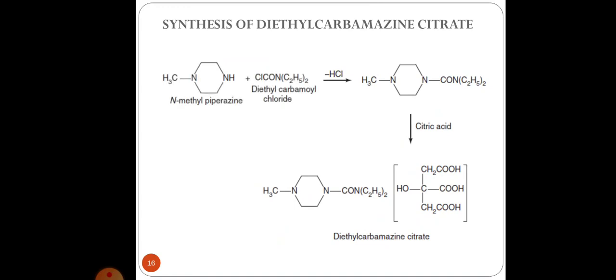In this synthesis, the two reactants, that is N-methylpiperazine and diethylcarbamyl chloride, undergo a condensation reaction with the liberation of hydrochloric acid to form diethylcarbamazine, which on further treatment with citric acid results in the formation of diethylcarbamazine citrate, that is DEC.